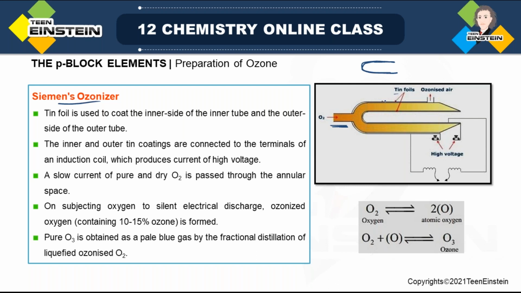There is the presence of tin foil on both the inner surface and outer surface, and there is a specific role for this tin foil. It is used to coat the inner side of the inner tube and the outer side of the outer tube, and these tin coatings are now connected to the terminals of an induction coil. See, the outer surface is connected, and the inner surface is also connected.